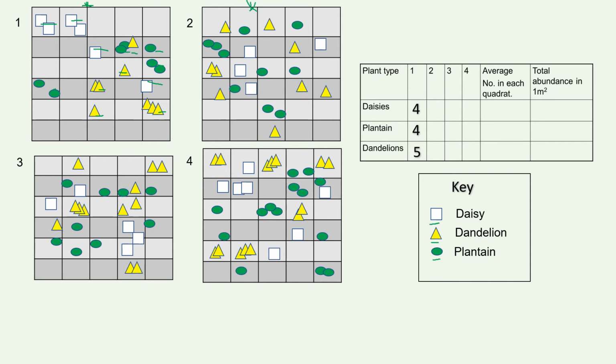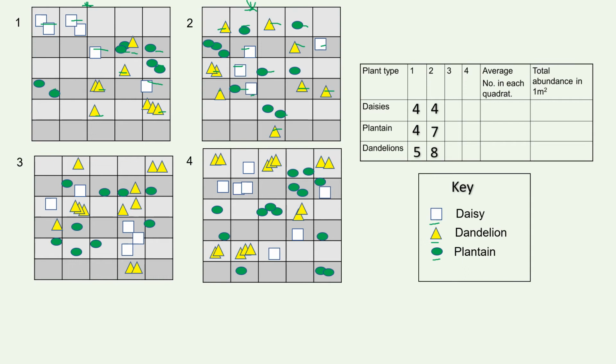Quadrat number 2. So let's go for daisies. So 1, 2, 3, 4. For plantains, which are the circles, 1, 2, 3, 4, 5, 6, 7. Let's go for dandelions, which is the triangle. So 1, 2, 3, 4, 5, 6, 7, 8.